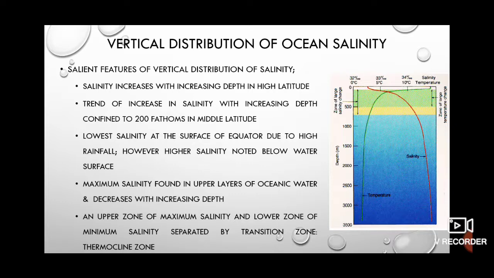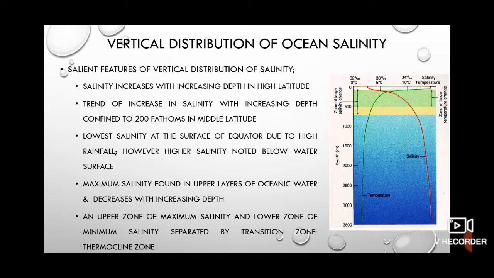Moving to the vertical distribution of ocean salinity, you can find no definite trend of distribution of salinity with depth, because we can experience both an increase and a decrease of salinity with increasing depth. Let's look into some of the salient features of the vertical distribution of ocean salinity. The salinity generally increases with increasing depth in higher latitudes.